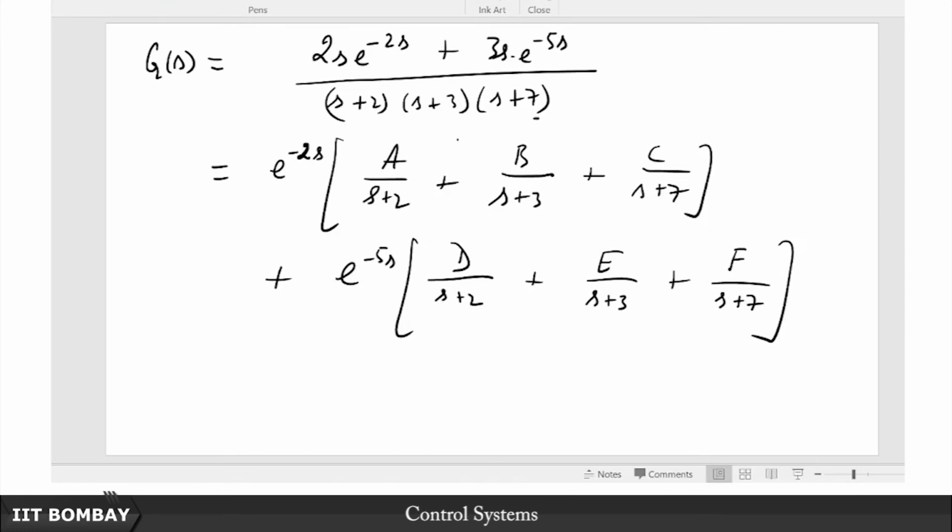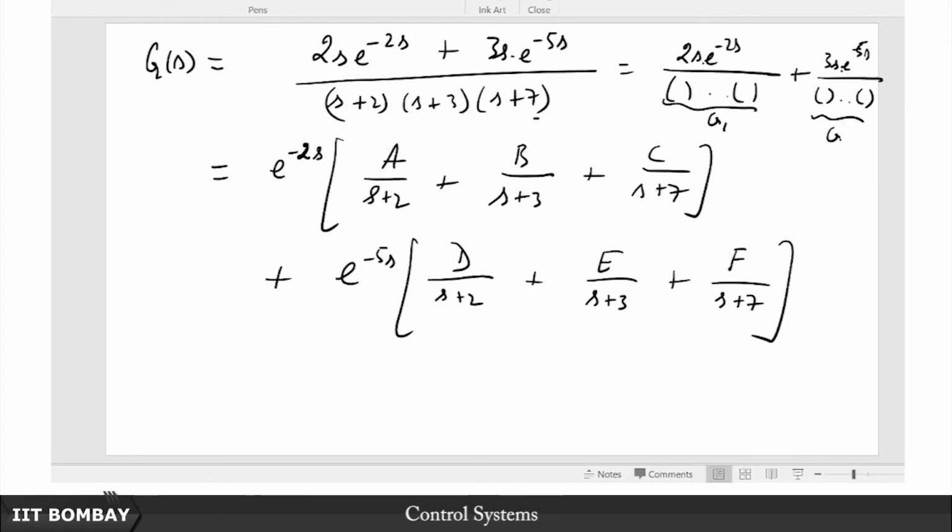And once you have done this, all that you now need to do is, see what is the trick here, basically pull out these time delay terms and their associated terms together, right. So this can be written as basically 2s e to the minus 2s upon whatever terms are here plus 3s e to the minus 5s upon whatever terms are here. Call this one G1 and this one G2.